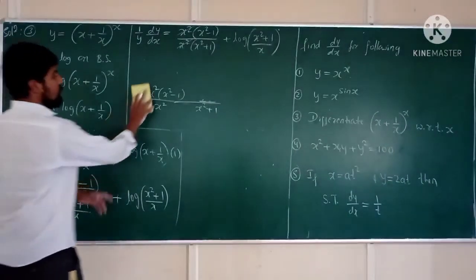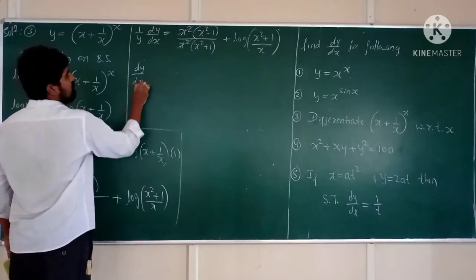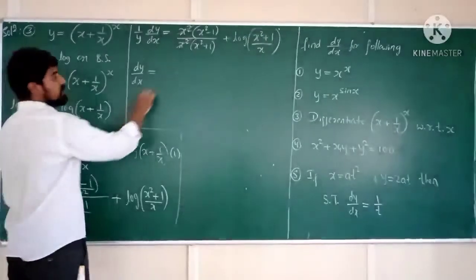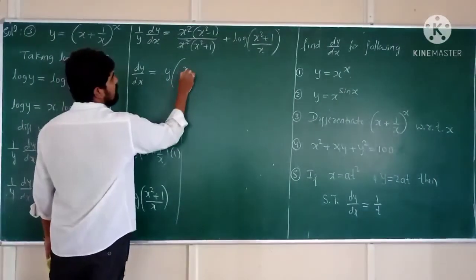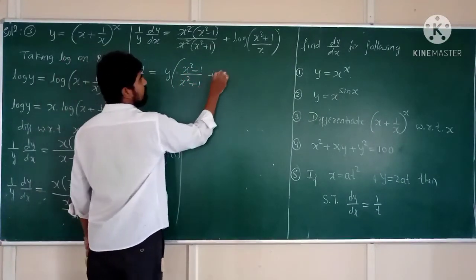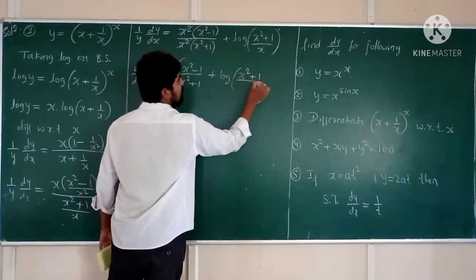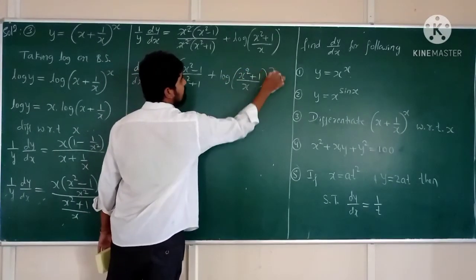Therefore the value of dy by dx is equal to, shift this 1 by y towards the right hand side, y into (x square minus 1) divided by x square plus 1 plus log of (x square plus 1) divided by x.